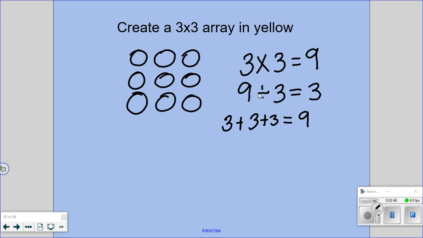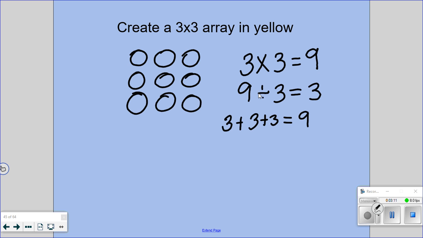Marley? Could you do 3 divided by 9 equals 3? Do I have 3 things put into 9 groups? No. It's not possible. It just means I'd have to break my counters, and I'm not breaking my counters. Brogan, you think you know the other equation? 9 divided by 3.